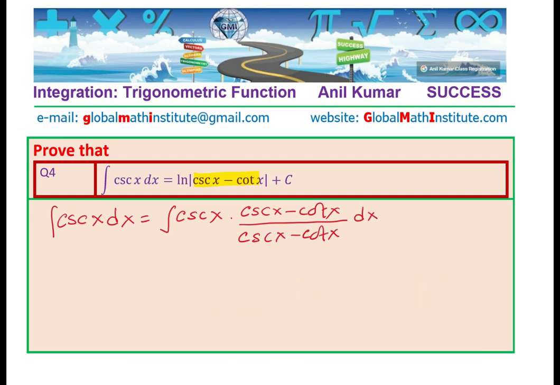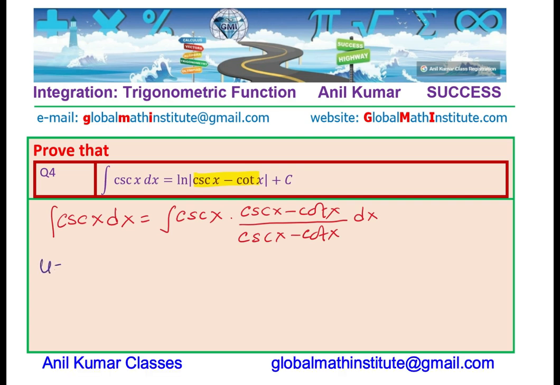And you're going to make a substitution, which is u equals the denominator, cosecant x minus cot x, and du will be what? The derivative of cosecant x, which is minus cosecant x cot x, plus cosecant square x, dx.